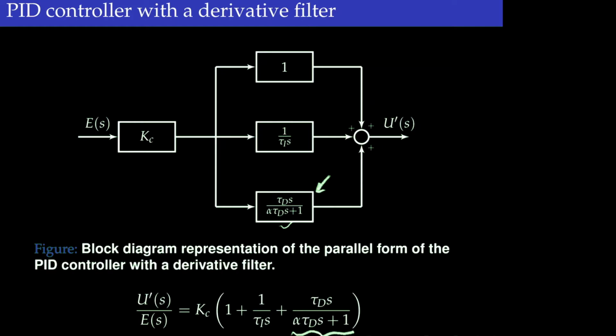In different software for implementing the PID controller, there are options to include the filter. Now this filter needs another parameter which is user defined. Typically it's some fraction of tau_d.